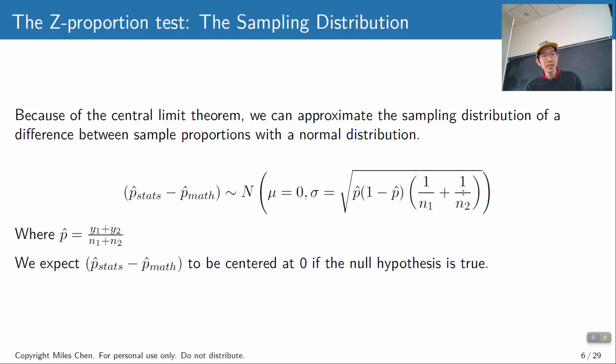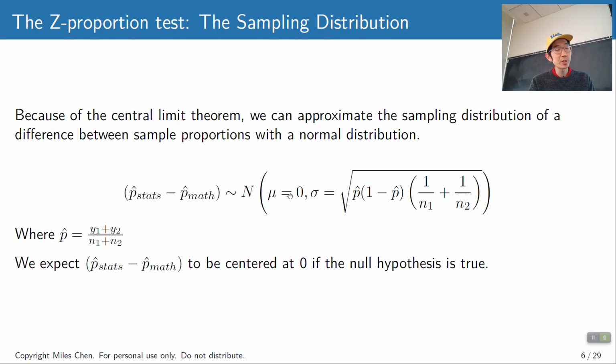I don't know if you remember doing this kind of test in your intro stats course. Here we're going to apply the central limit theorem, and say the difference between two proportions drawn from random samples can be approximated with a normal distribution.